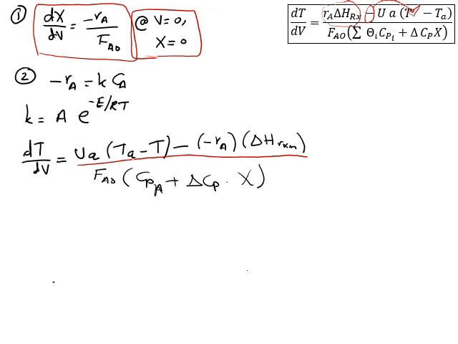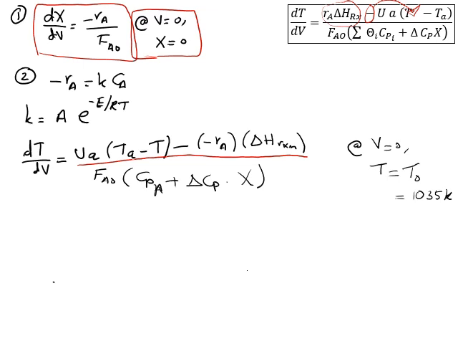Of course, we need to provide an initial condition for me to be able to solve this differential equation. Let's write it down. The initial condition at V equals 0, T equals T0, correct? Which is 1035 Kelvin.